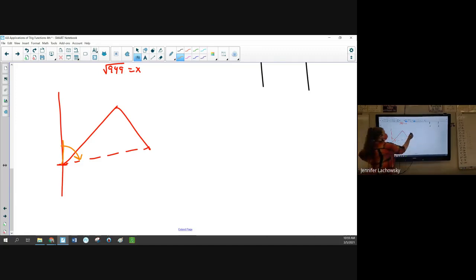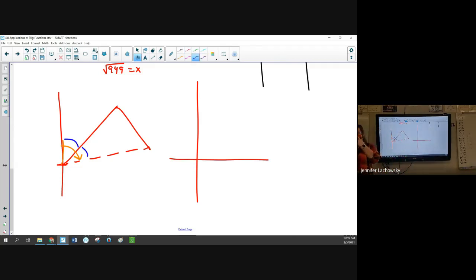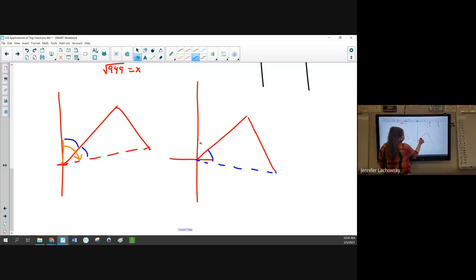But if these two angles, this one and this one, add up to more than 90, then that means my boat is now below. So it was up and then down. Then I know it's going to be a southeast bearing. I don't know what that is until I figure out what the angle is.